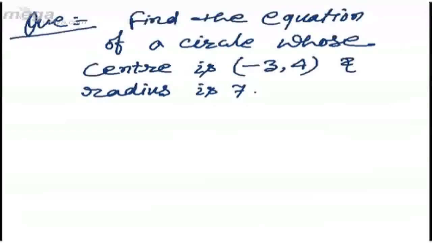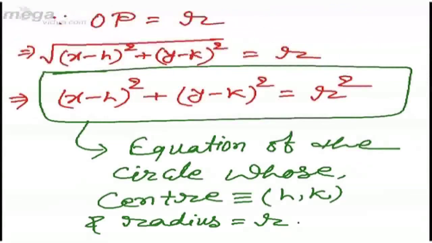So student, according to this question, you can identify here the center is given and the radius is given. It means we have to use this standard form, when the center is given h comma k and the radius is given as r.